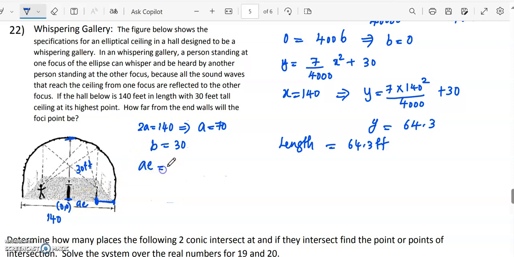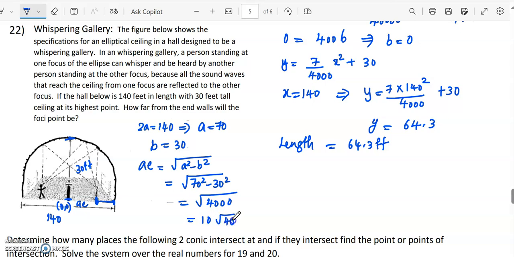If this is 0, the distance up to the focus will be AE. So AE will be the root of a squared minus b squared. So that will be equal to the root of 70 squared minus 30 squared. So we get the root of 4900 minus 900, so we get the root of 4000. So that will be 10 root 40.